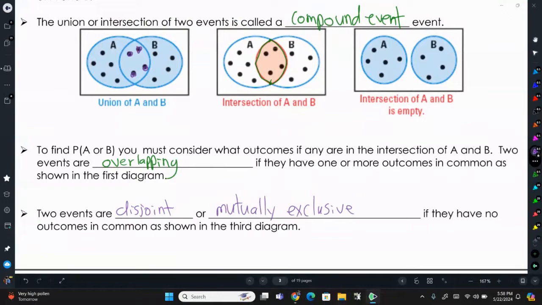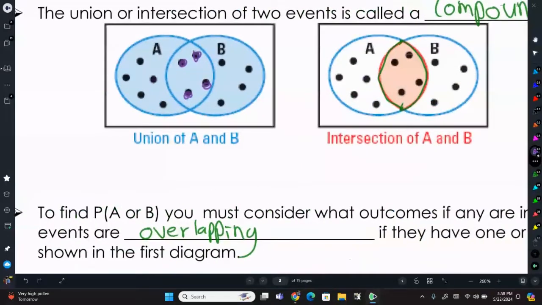So when we were talking yesterday, we could just simply add: there were 4 aces and 12 face cards. So we added them together and said there were 16 cards altogether out of 52. Well, we can't simply add in this case, because if they are overlapping, if we look at A, we have 9 dots in event A, and 8 dots in B. So if we were just to add them together, 9 plus 8 is 17.